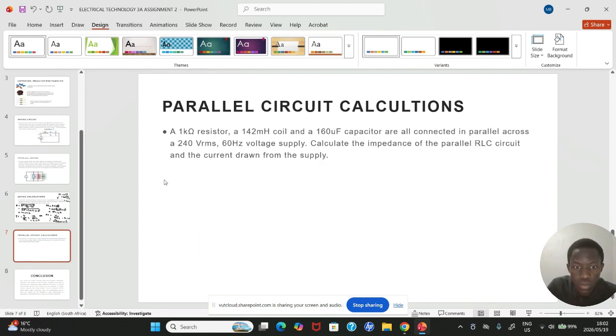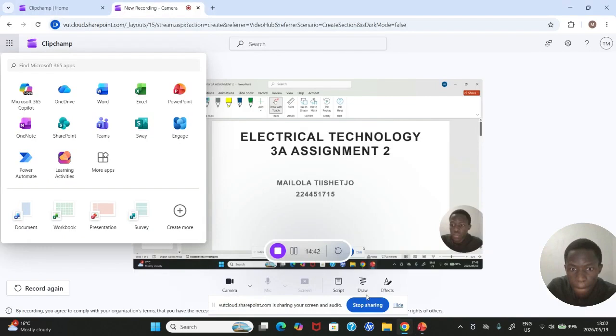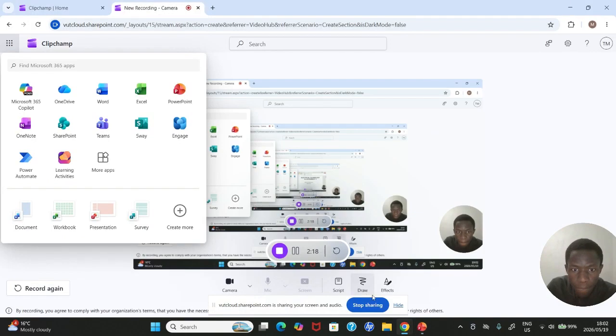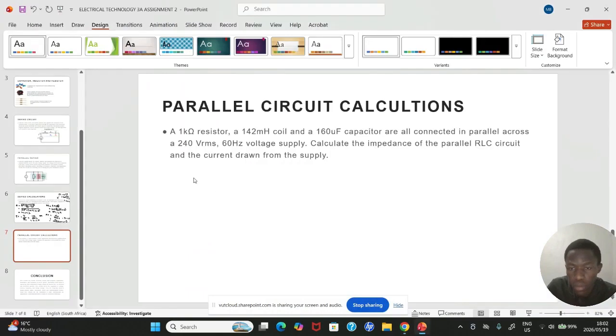So when we move further to our parallel example, we have a 1 kilo-ohm resistor, a 142 millihenry coil, and a 160 microfarad capacitor, all connected in parallel across the supply.